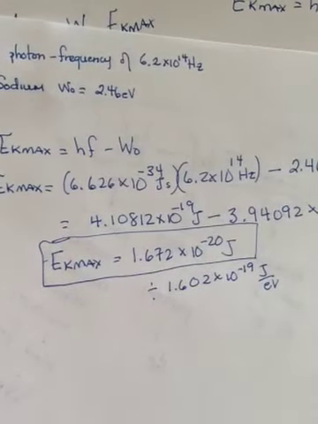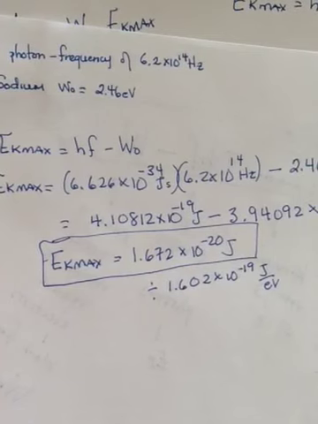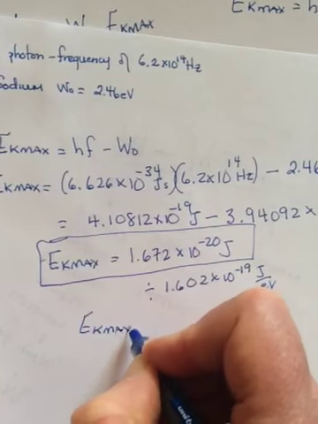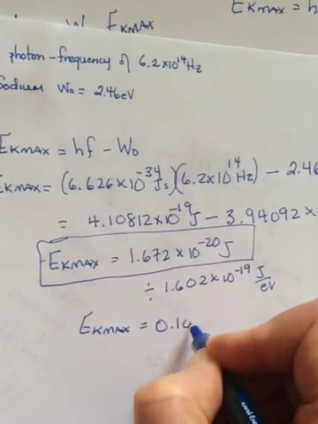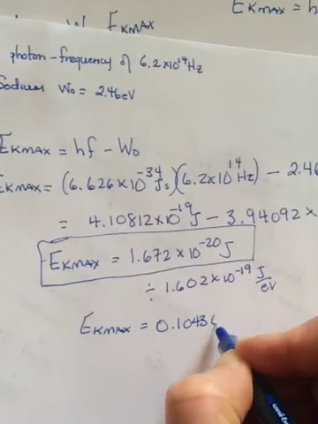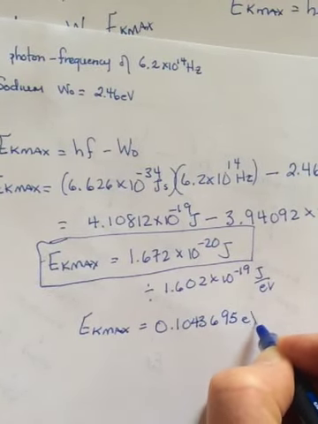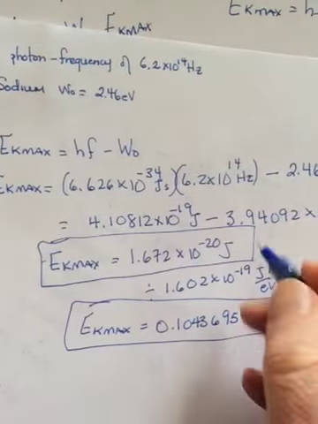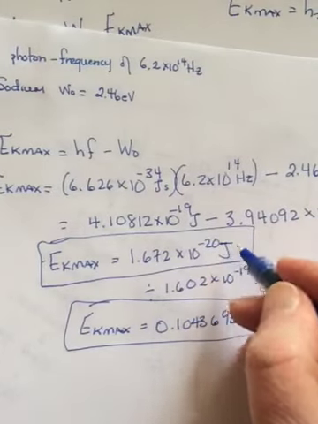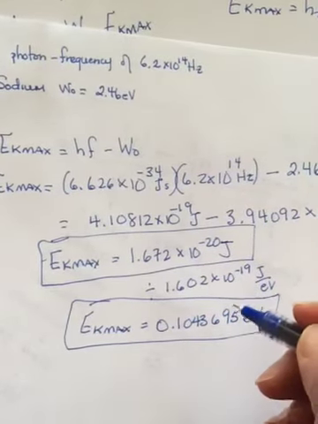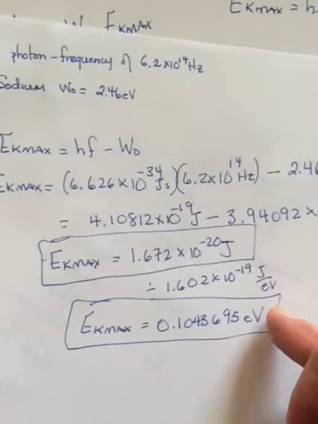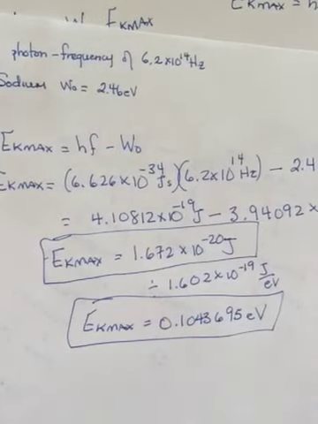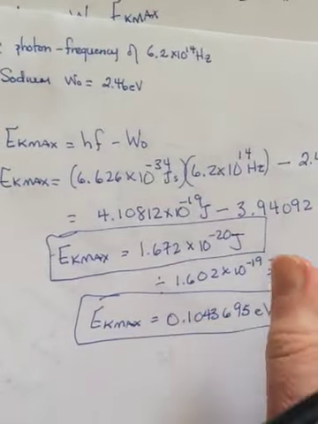So you get an Ek max of 0.1043695, etc. electron volts, which is a prettier number than something to the negative 20. That's why we say joules is too big of a unit when you're dealing with these energies. If you were working in this field all the time, you would work more in electron volts, so you wouldn't have these negative 19s, negative 20s. Okay? All right, so there's an example.